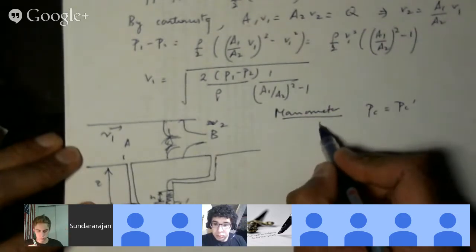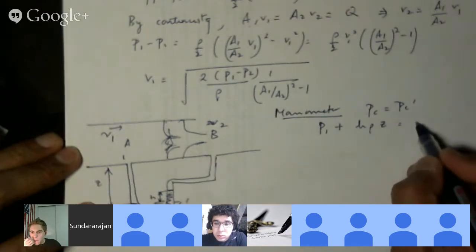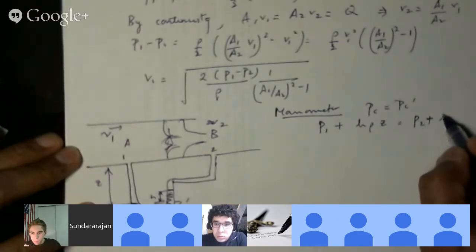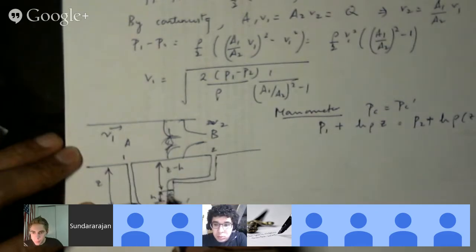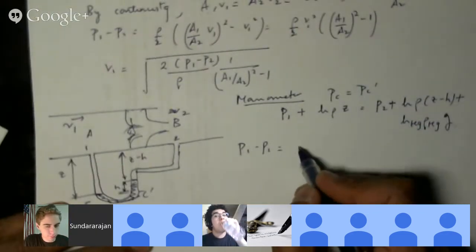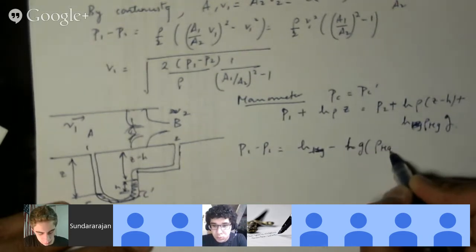Pressure at C is P1 plus rho Z G, and that equals the pressure at C prime, which is the pressure at 2 plus the pressure of this column, because this is Z minus H, and then plus H times rho mercury times G. So P1 minus P2 is H G times rho mercury minus rho.